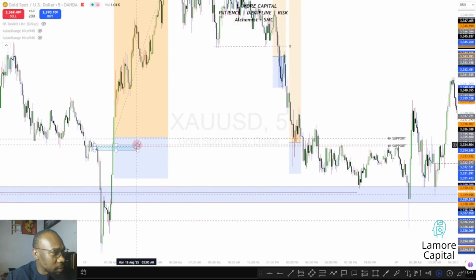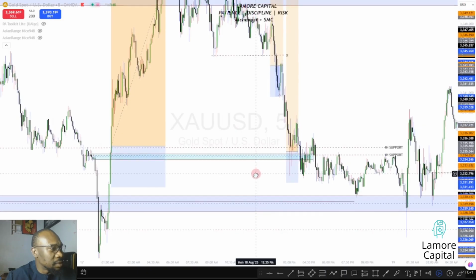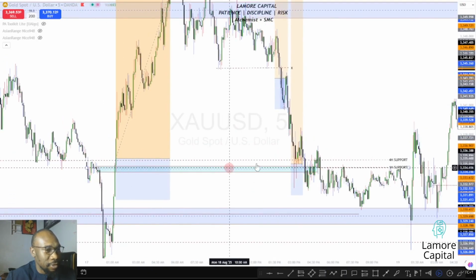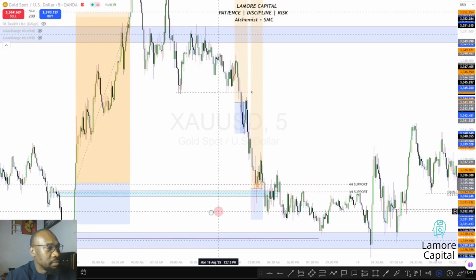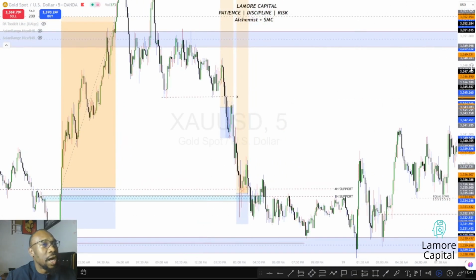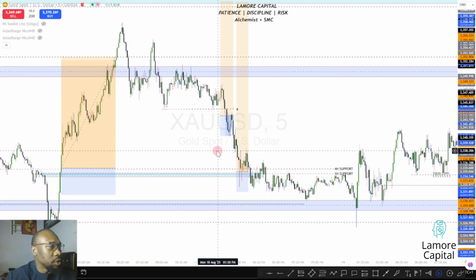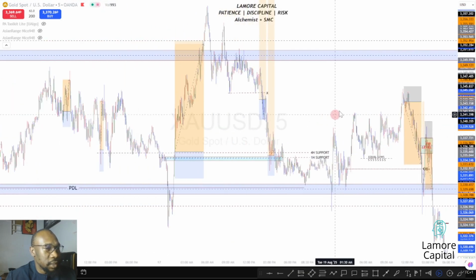So together with this breaker, I was anticipating that the market is coming to retest this particular level here. That was my anticipation, the retest of this level, and the market still took us out. So that is how we traded for Monday, and we caught 1 TP to 1 SL. That is it for Monday.